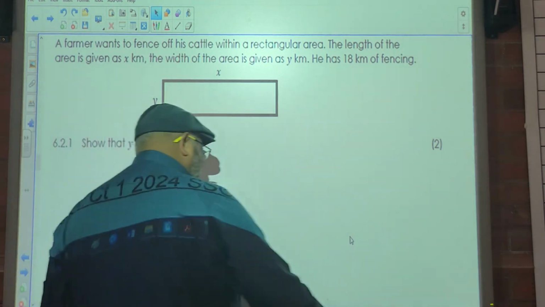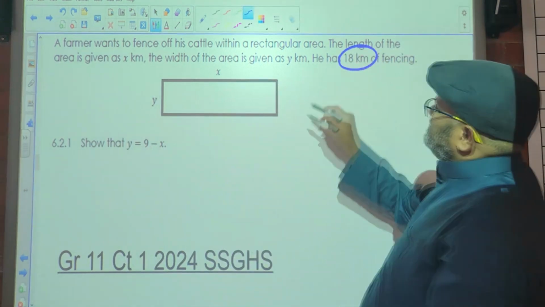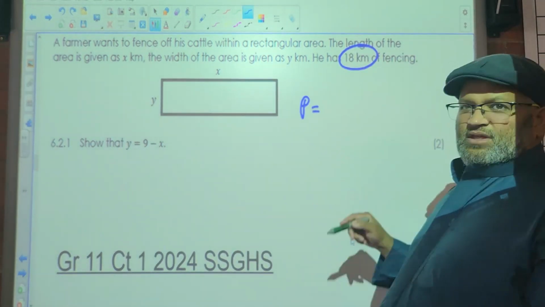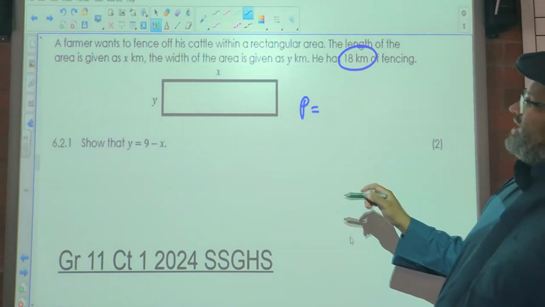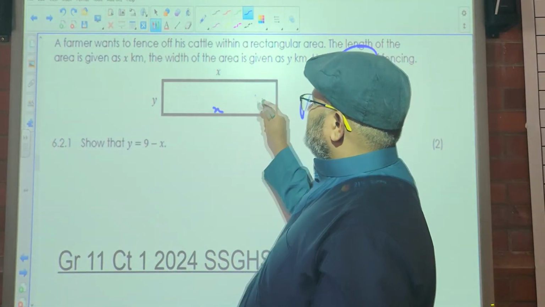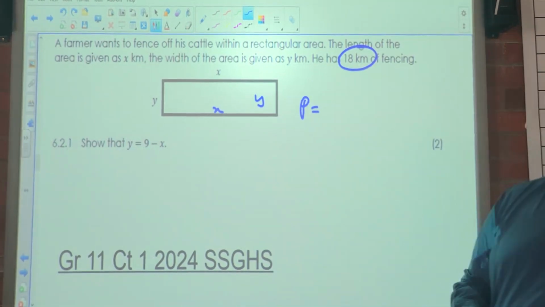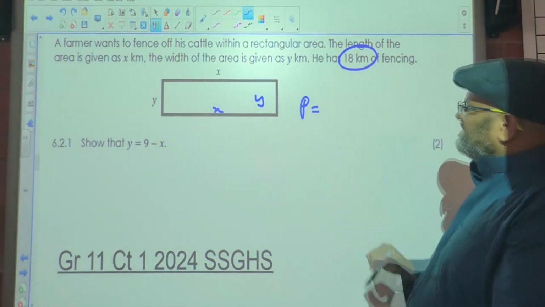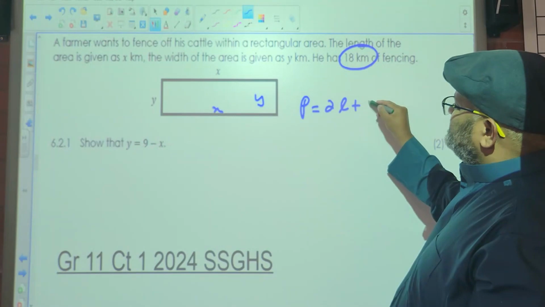People, fencing would be area or perimeter? Perimeter. Not so? Because it's going to go on the outside. So if this is a rectangle, then this length is x and that length of course is y. How do you calculate the perimeter of a rectangle? 2 length plus 2 breadth.